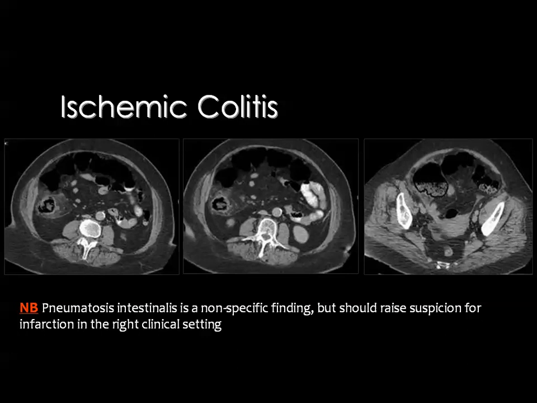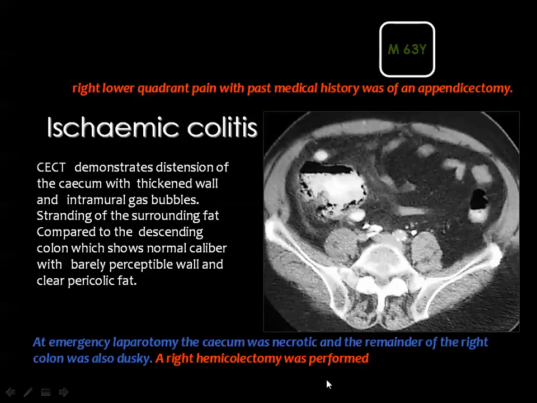But in this condition, the presence of signs of ischemia and vascular compromise should raise the possibility of a gangrenous lesion, which is more hazardous compared to the asymptomatic pneumatosis intestinalis.